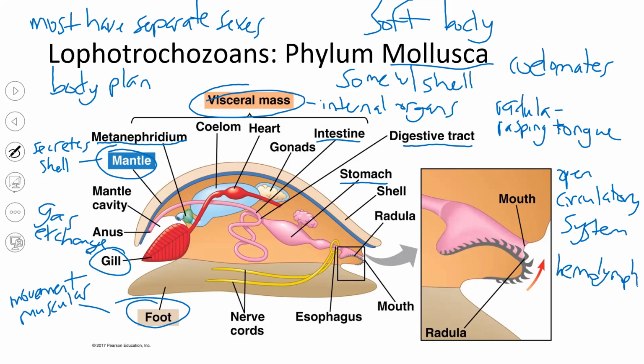It's hemolymph. So they have a heart, they have some short arteries, and then they have these body cavities, and the heart just helps move that hemolymph fluid throughout the body cavities so that it can transport materials that way.